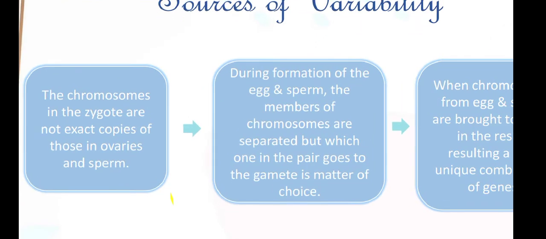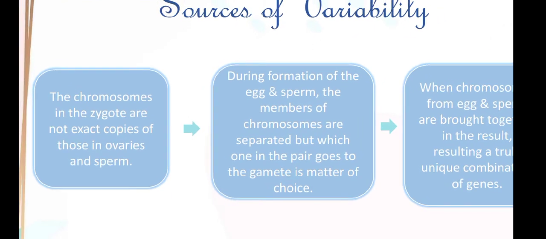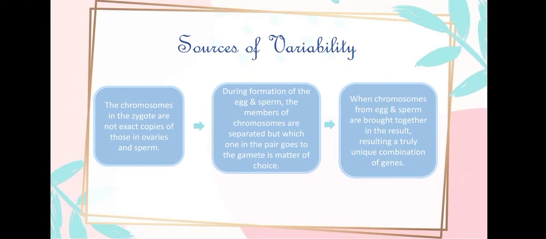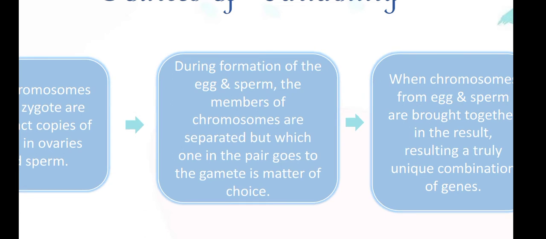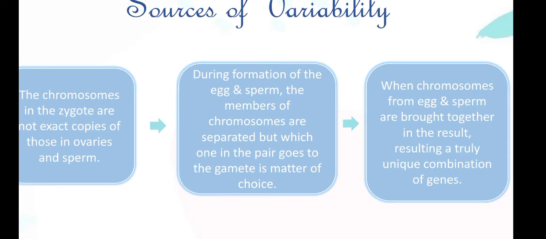Alright, chromosomes in the zygote are not exact copies of those of the ovum and sperm. During formation of the eggs and sperm, the members of each chromosome pair are separated. But which one in the pair goes to the gamete is a matter of chance. We wouldn't know which one will go to the gamete.